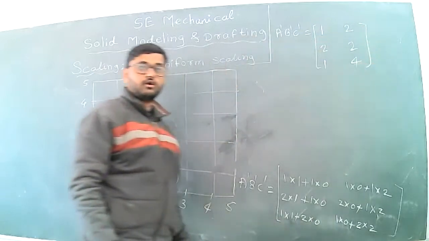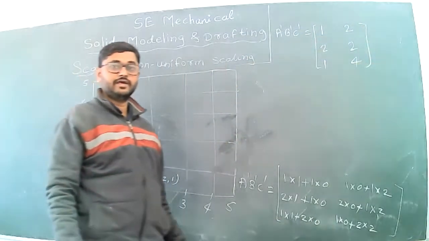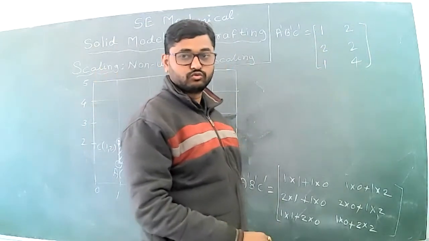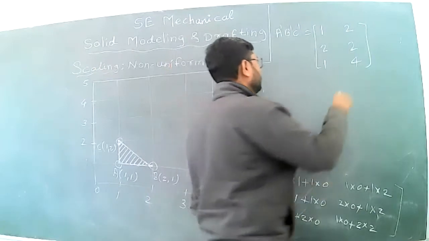These are the new coordinates for triangle ABC, that is A dash B dash C dash is equal to 1 2, 2 2 and 1 4.